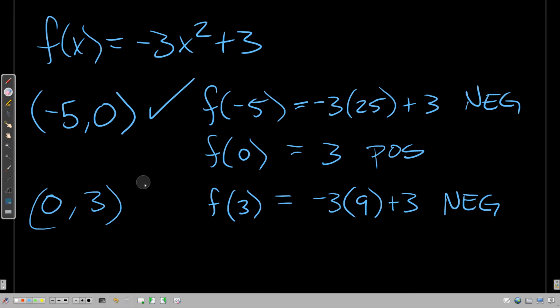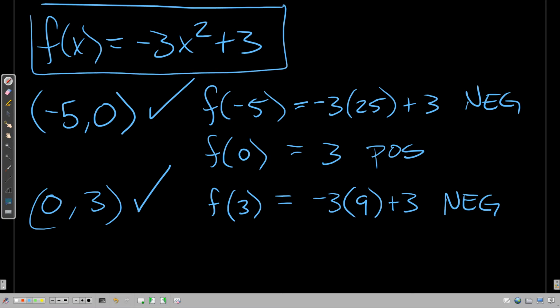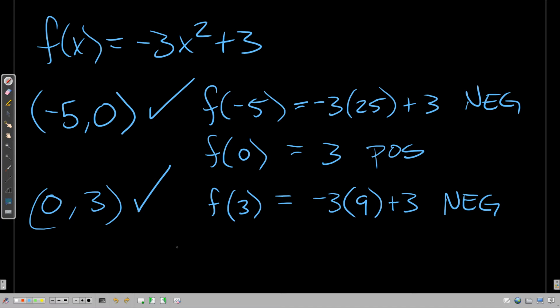So we are guaranteed by the intermediate value theorem that some number between 0 and 3 is going to cause our function to evaluate to be 0. I mean, come on, y'all. That number is plus or minus 1, right? That's what the roots of this function are. And plus or minus 1 does in fact live in both this interval and this interval.